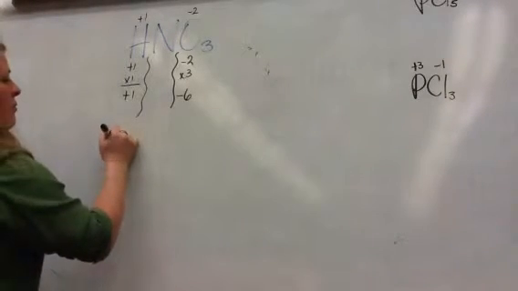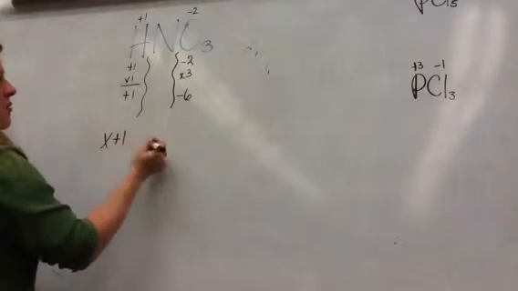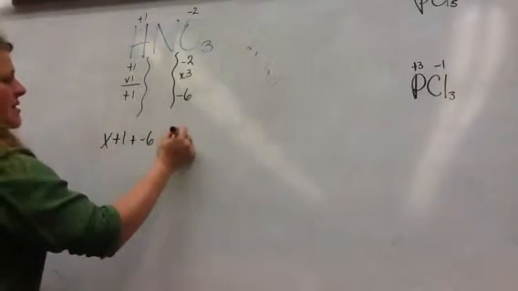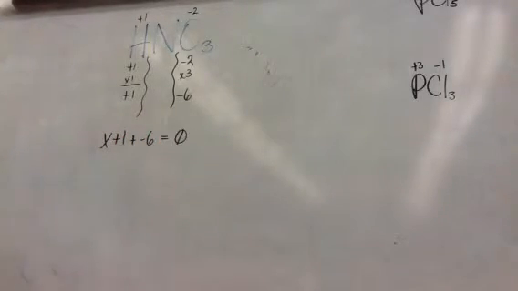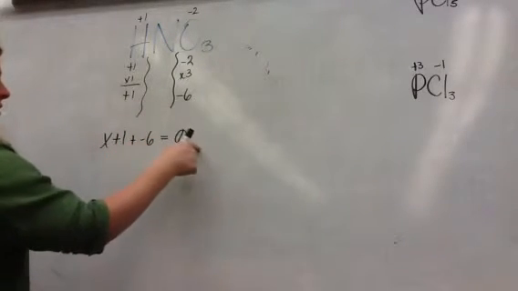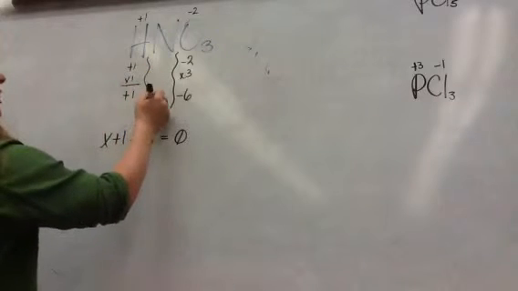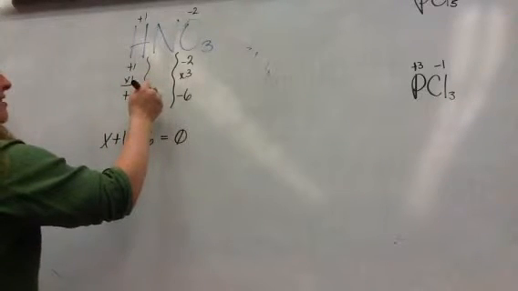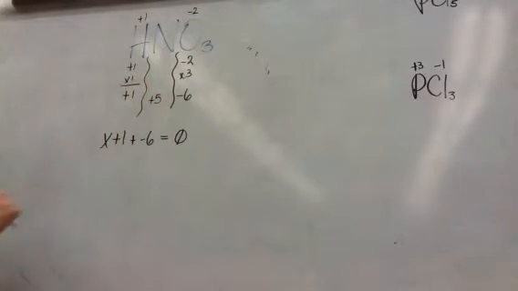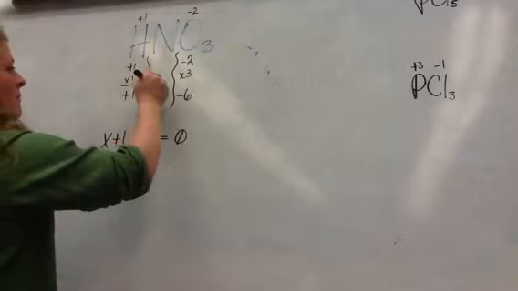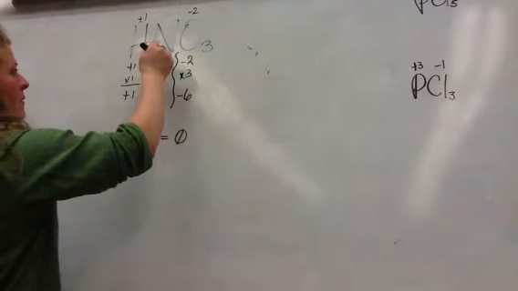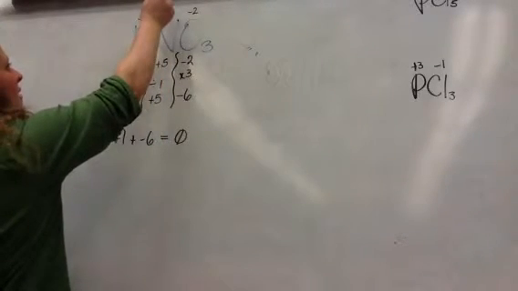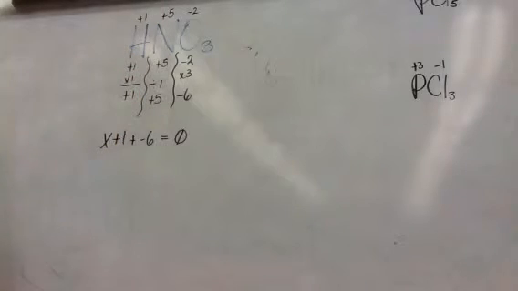So we've got x plus 1 plus -6 equals 0. So we know that this has got to be a +5. How many nitrogens do we have to divide that up against? Just 1. So we have our oxidation numbers assigned.